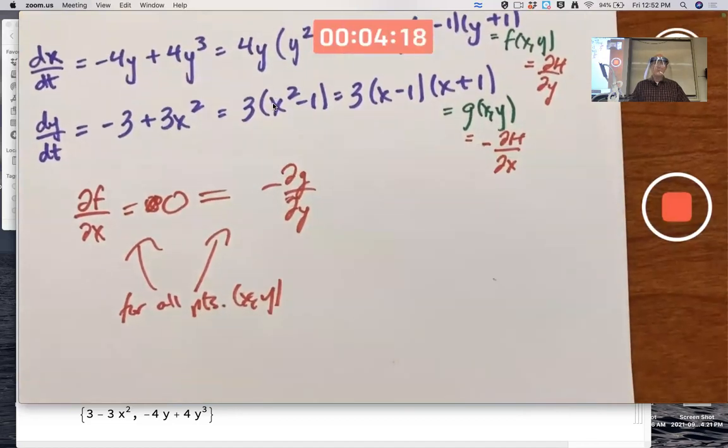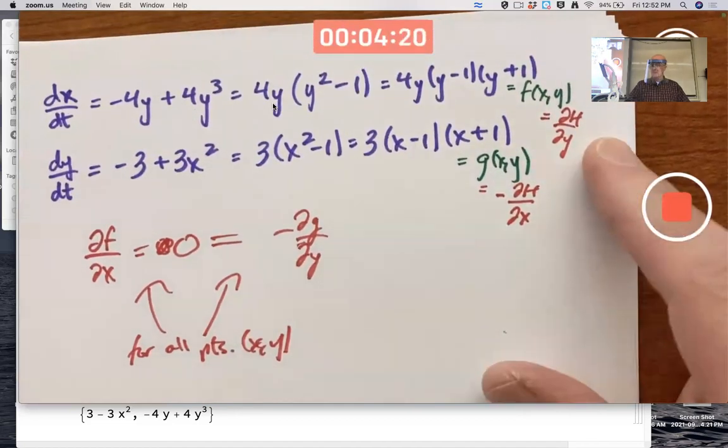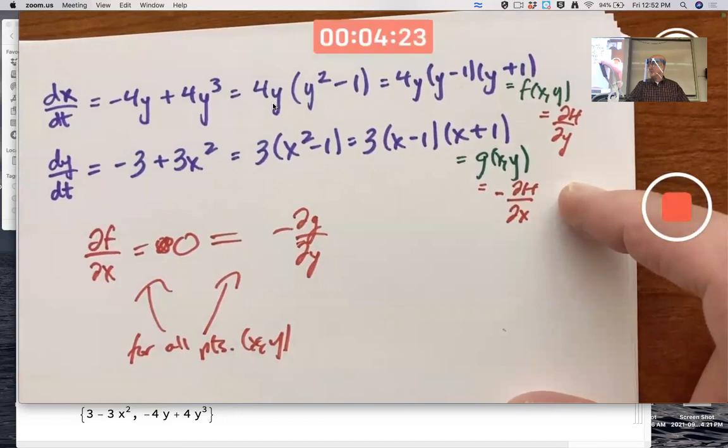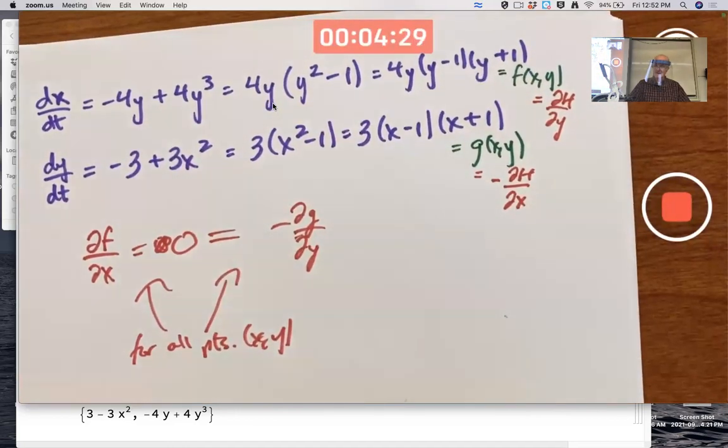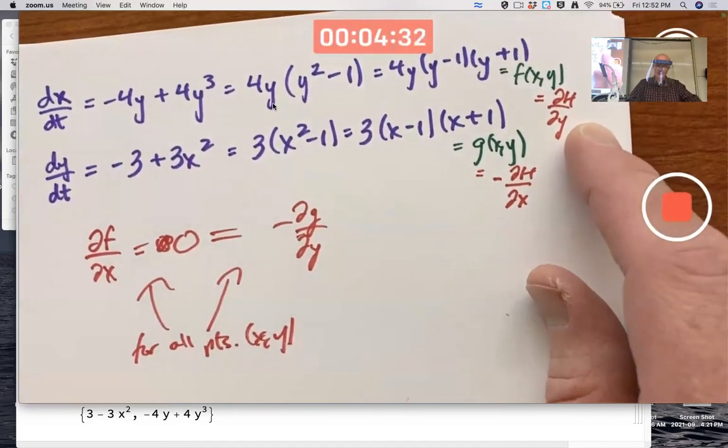But how do you find the Hamiltonian function? Well, these right-hand sides are derivatives of the Hamiltonian function, so you just need to integrate to find it. Integrate this first one with respect to y, because it's supposed to be the derivative of the Hamiltonian function with respect to y.